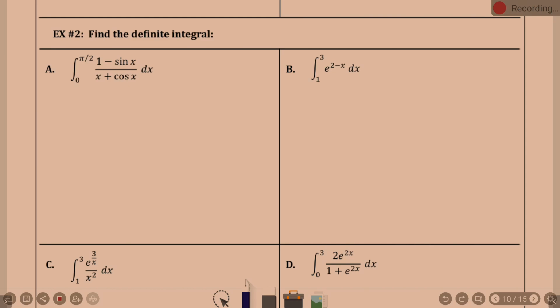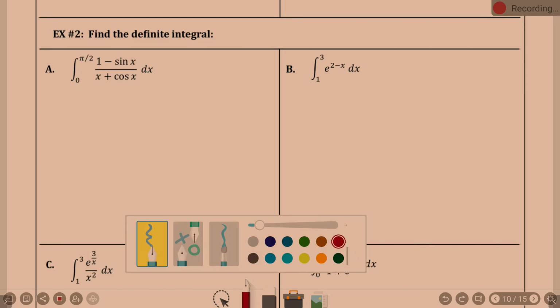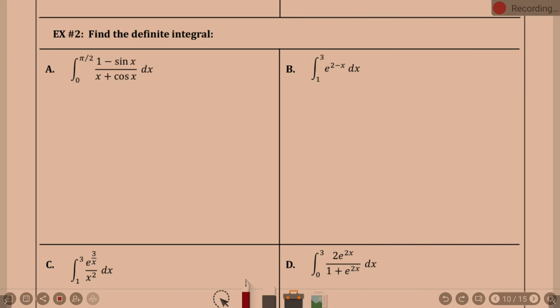Integral from 0 to pi over 2 of 1 minus sine x over x plus cosine x dx. Thoughts on what you would like to make u? You want to go for the whole thing, x plus cosine x.